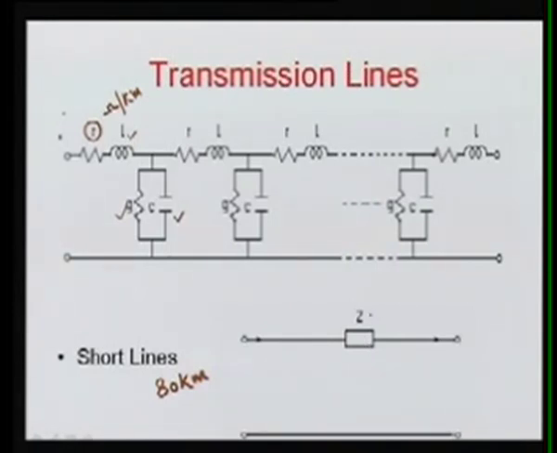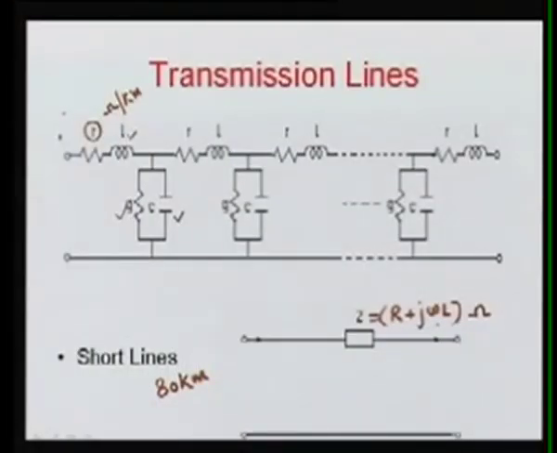Here Z is R, capital R, plus j omega L. This is in ohm or in per unit, but it is not per kilometer because we multiply by the length. So this is the lumped parameter, meaning the resistance as well as the reactance due to the inductance are for the complete transmission line. If it is per kilometer, then you have to multiply by the length of the line.